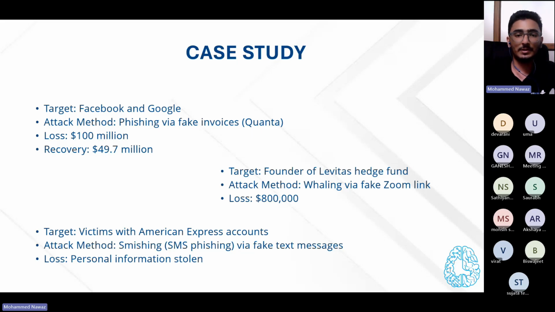Here the personal information has been collected, and the financial loss occurred and the reputation of the company was also damaged. These examples show how a phishing attack can target anyone.